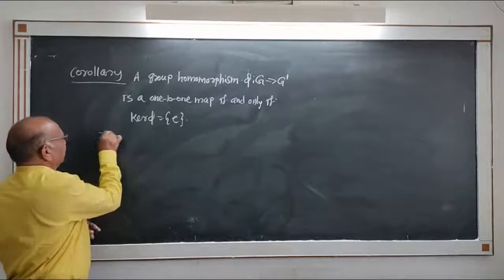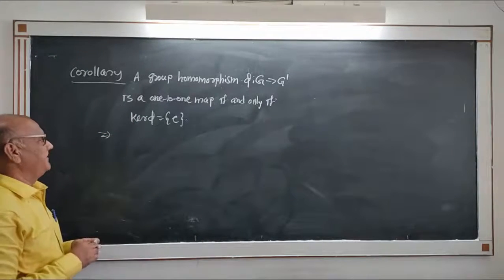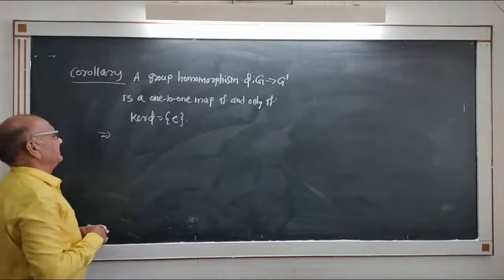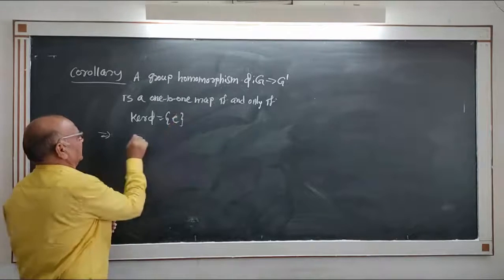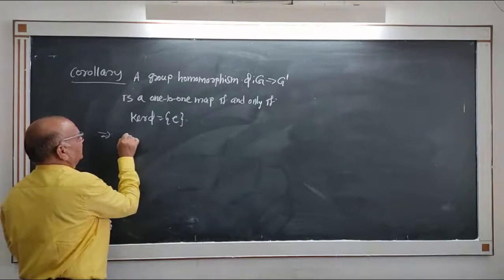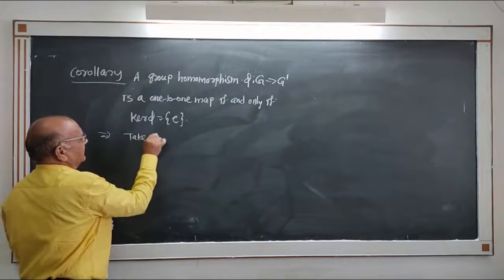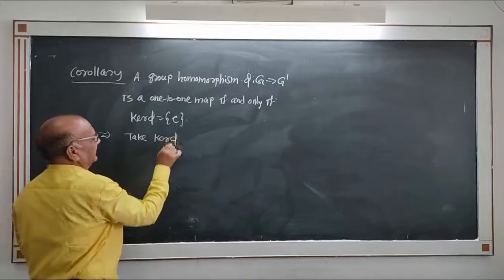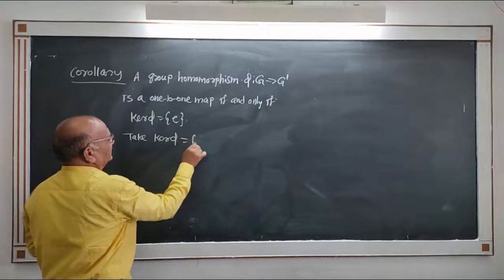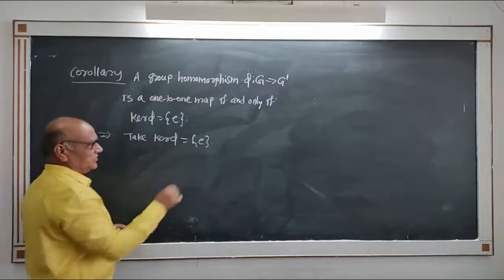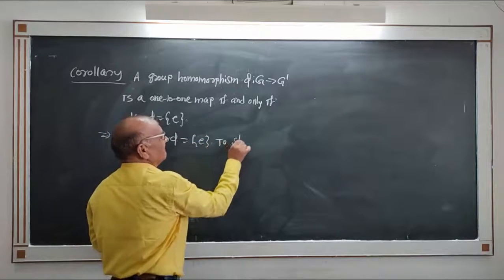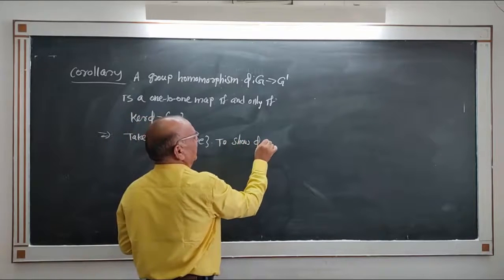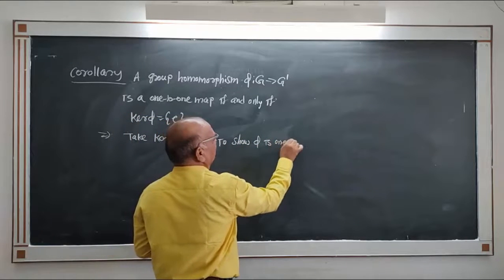Here, first take kernel phi is equal to singleton E, and we show phi is one-to-one.